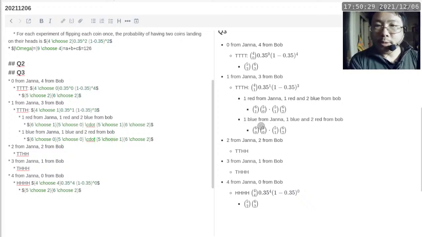Now we just have to switch the numbers a little bit here, because of the 6 red ones from Jana, we're choosing none of them. But of the 5 blue ones from Jana, we're choosing one of them. And then for Bob, it is now the opposite, because now we need 2 of the red ones from Bob and 1 of the blue ones from Bob.